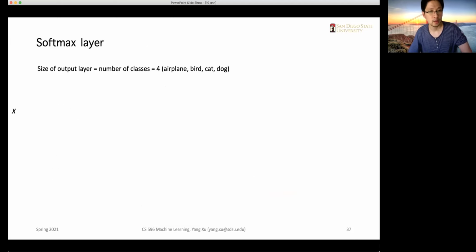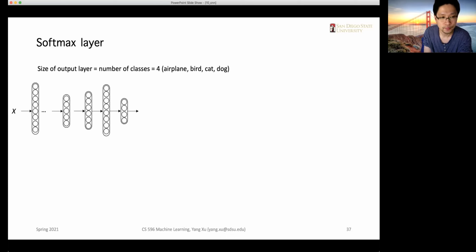For this softmax layer, we use this example to show that the size of the outputs of the softmax equals the number of classes. In this case, we will use a smaller number, 4, just for showcase. Say we want to predict whether an image is an airplane, a bird, a cat, or a dog.